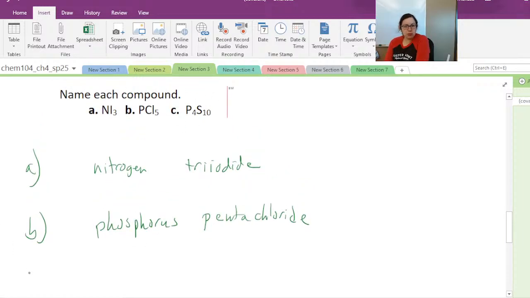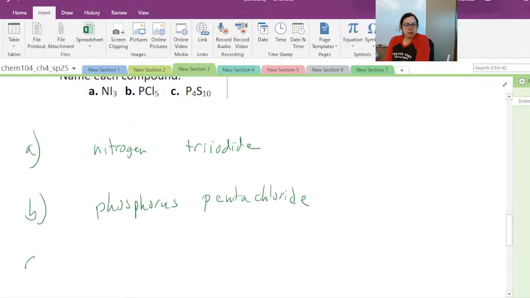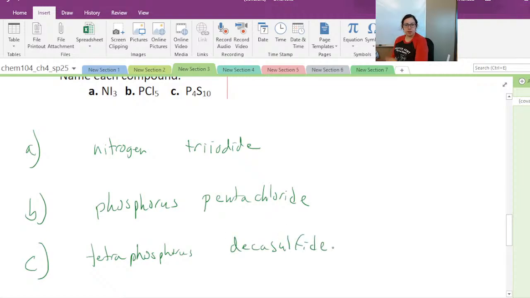And then this last one, C. Tetraphosphorus decasulfide. Perfect. Tetraphosphorus decasulfide. Excellent.